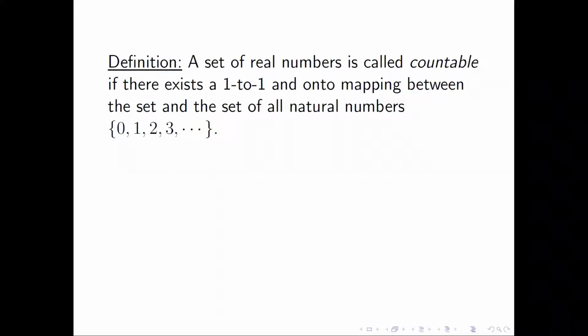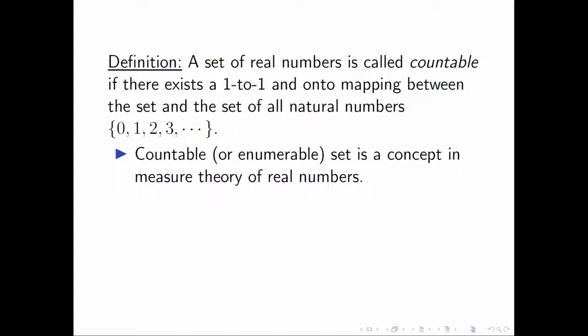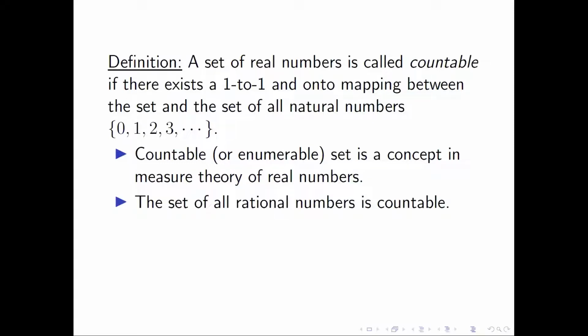The second method, we start with a definition. A set of real numbers is called countable if there exists a one-to-one and onto mapping between the set and the set of all natural numbers. Countable set is a concept in measure theory. As an example, the set of all rational numbers is countable.